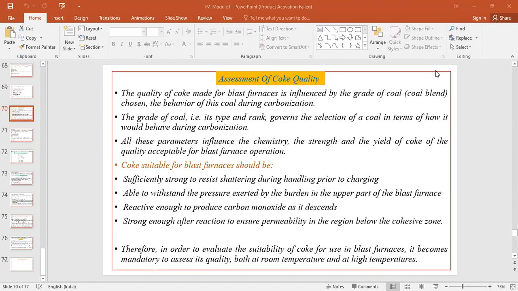Before you subject this coke as a feed material into the blast furnace, we should assess the quality of the coke. That is most important. This quality of the coke is influenced by the grade of the coal we have used for the preparation of the coke.